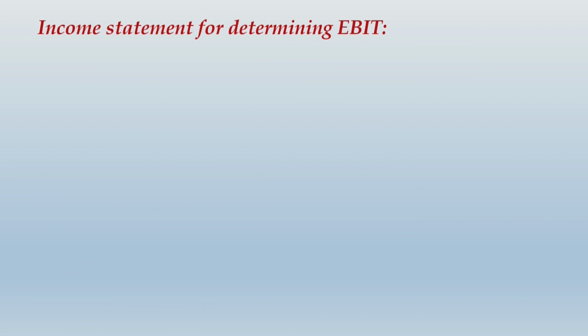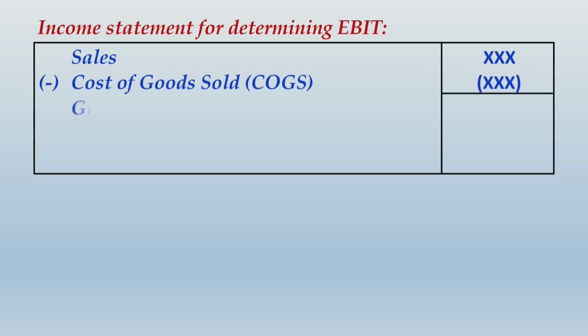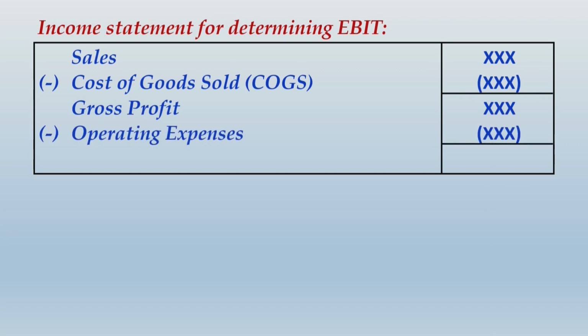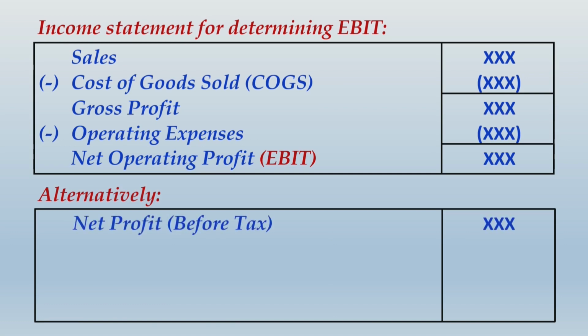Income statement for determining EBIT. You may start with sales less cost of goods sold and you arrive at gross profit. From gross profit you subtract only operating expenses and you arrive at net operating profit, that is EBIT, standing for earnings before interest and tax. The alternate way to do this, again depending completely on the information given in the question, would be starting with net profit before tax.